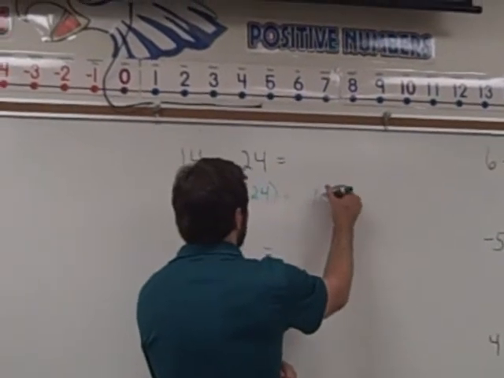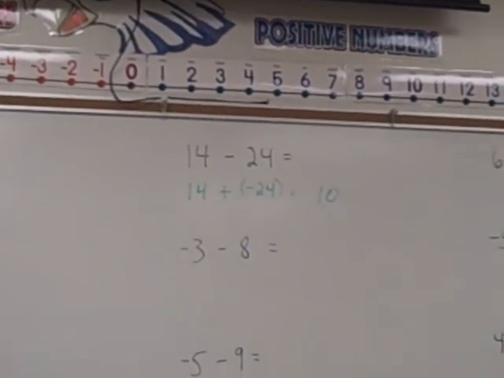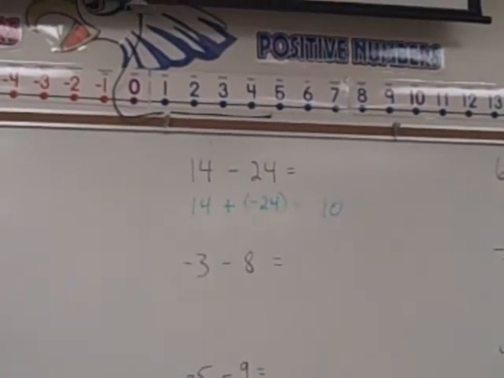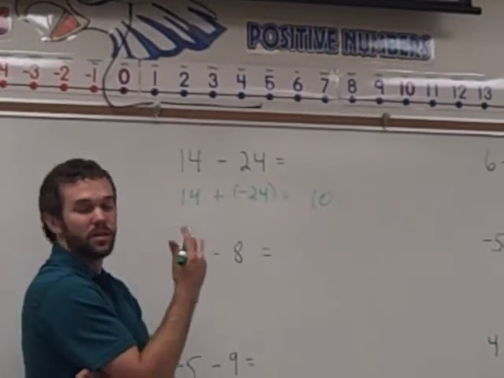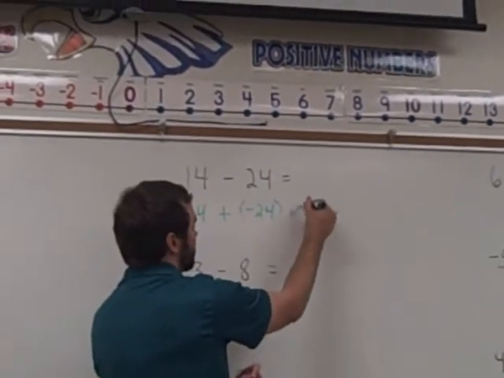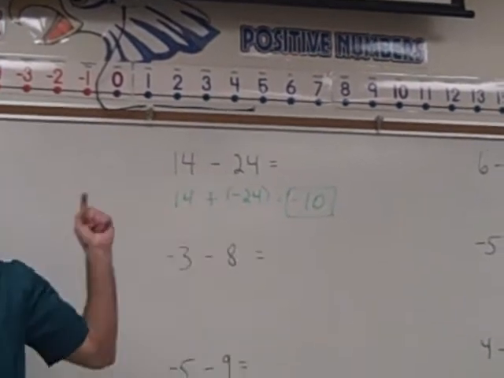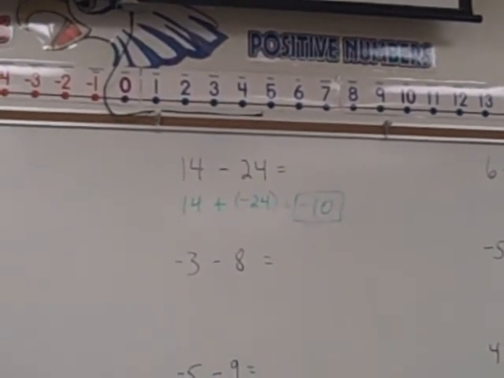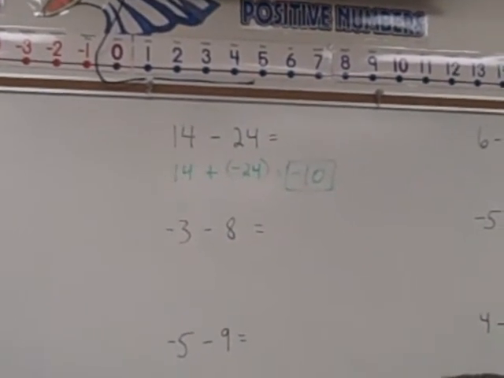And what was left to do once you subtract? The bigger number of digits sign, right? Which one's bigger, 14 or 24? 24, and it's what? Negative. So my answer is negative 10. You see how we moved the minus sign over, put the plus between them, and then it's just what we did on Friday. Alright, let's do the next one.